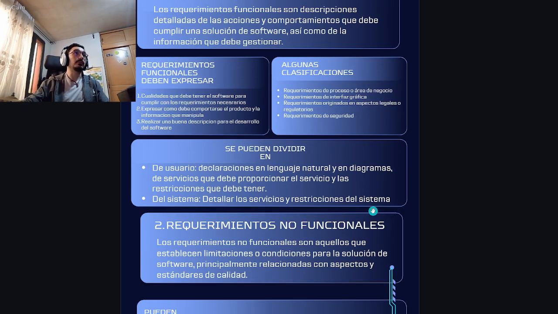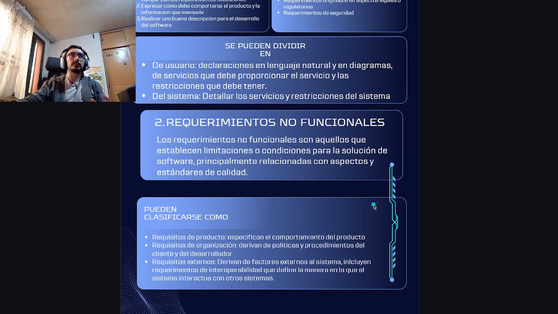This can also be divided by user and system. In the case of the user, these are declarations in natural language or diagrams of the service that the software must give and the restrictions that it must have. In the case of the system, it should detail the services under the restrictions of the system itself.